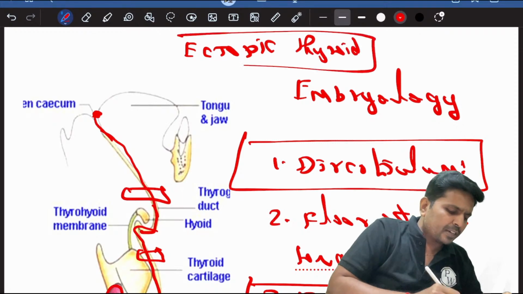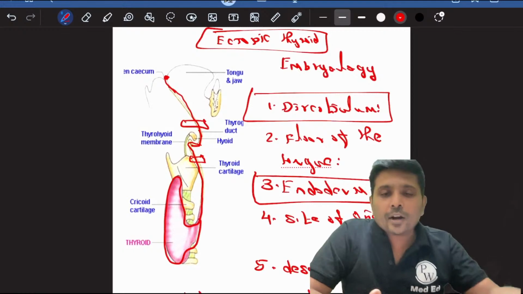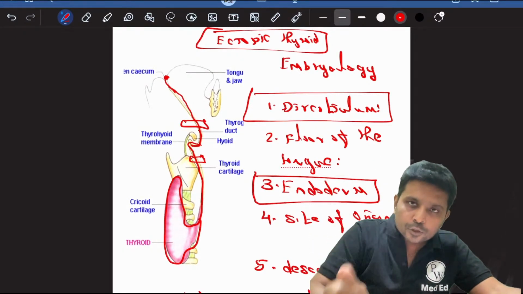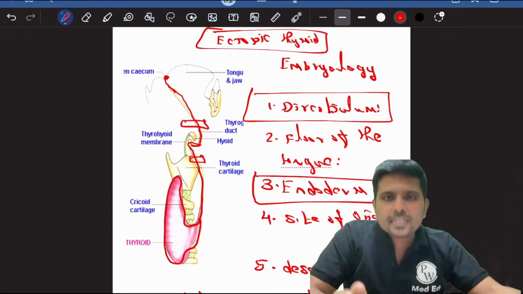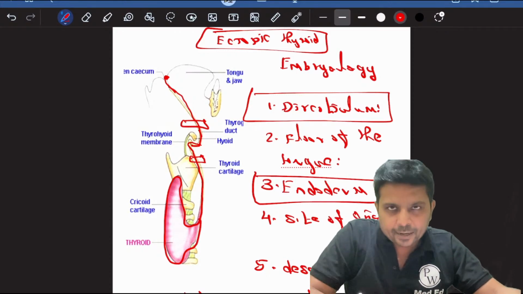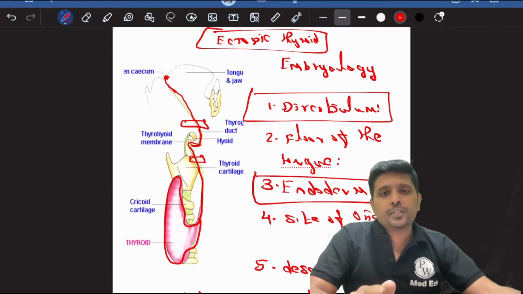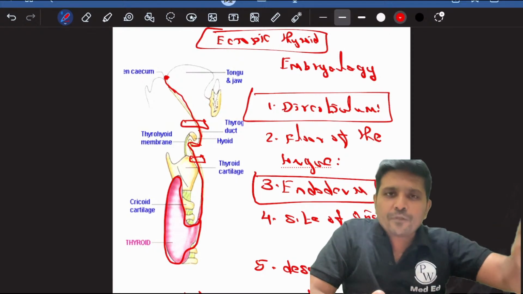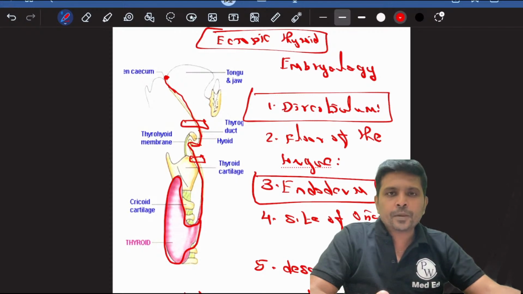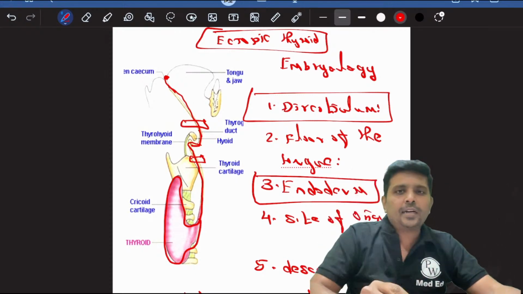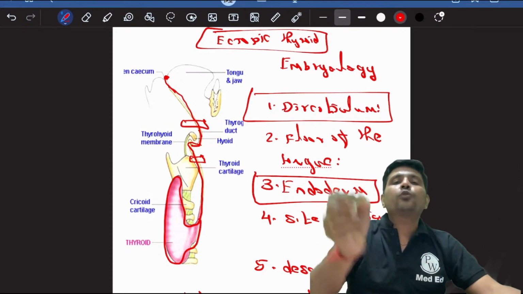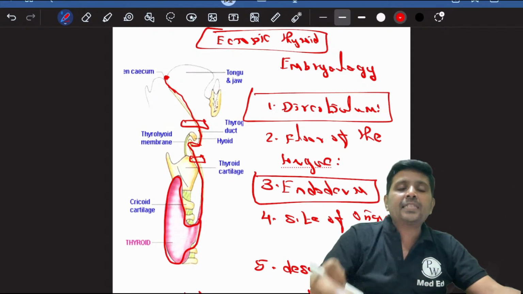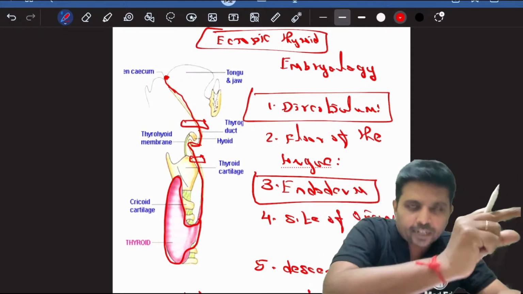What is the manifestation of ectopic thyroid? Ectopic thyroid can also present as a cystic swelling in the midline neck. So what is the issue here? Any midline cystic swelling is most in favor of a thyroglossal cyst, but whenever you do an ultrasound, the thyroid gland should also be seen. When the thyroid gland is not seen, that midline cystic swelling should be an ectopic thyroid.